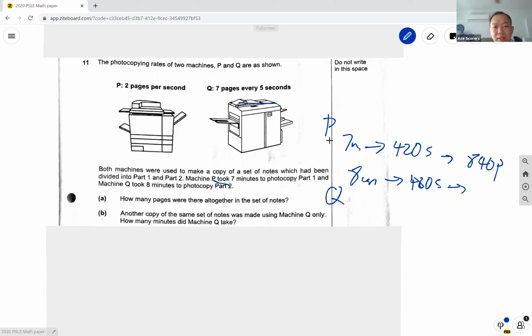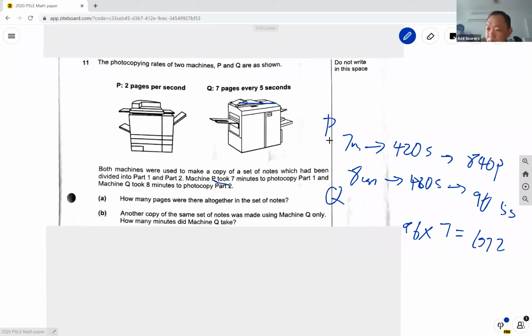Q prints 7 pages every 5 seconds. So how many 5 seconds are there? 480 divided by 5 is 96. So there are 96 five-second intervals. Then we take 96 times 7, 672.